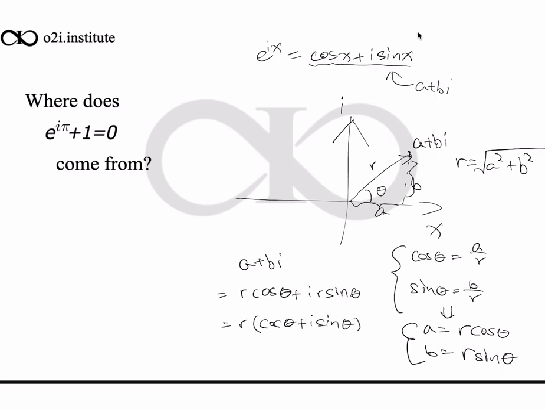This is pretty similar to the Euler's formula we have previously. Okay, let's pull out another blank page. As we know, let me rewrite this: e to the power of ix equals cosine x plus i times sine x. We also have a plus bi equals r times cosine theta plus i sine theta.